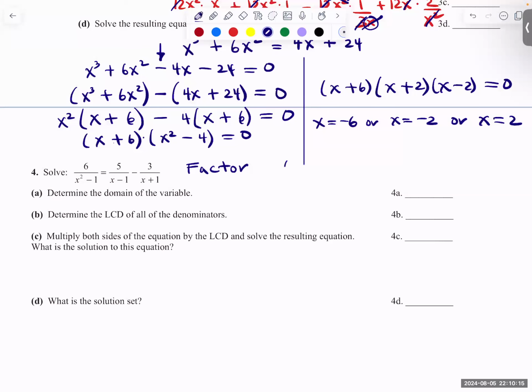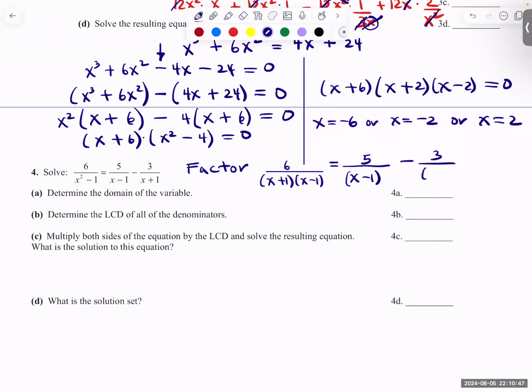So we have 6 divided by the product of conjugates, x plus 1 times x minus 1. There we can see that we cannot have -1 as a solution, because that would give division by 0, and +1 cannot be a solution because you'd have 1 minus 1. So we have 2 restrictions on x. And the last denominators are prime polynomials, cannot be factored.